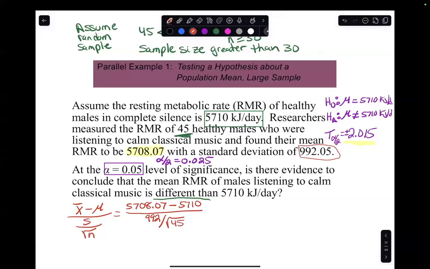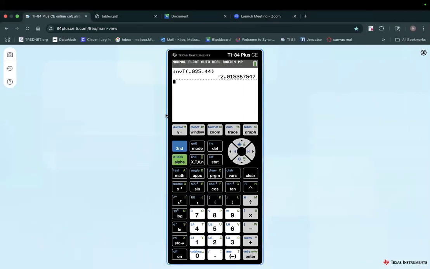This is really ugly and it's going to require a lot of parentheses, but you still can put this whole thing in your calculator if you're very careful. I'm going to pop over to my calculator. Parenthesis, my numerator needs parentheses. 5708.07 minus 5710, close those parentheses.